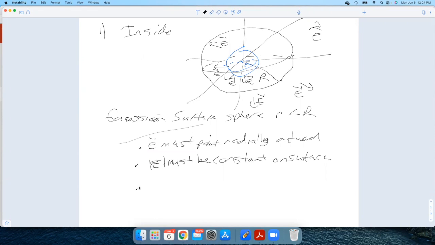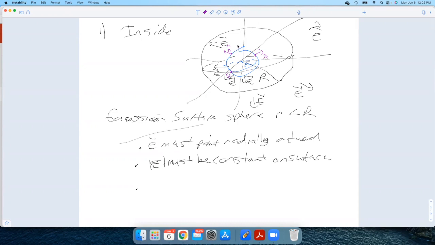Okay, what about the normal vectors to my surface? Maybe we'll draw those in purple. So here's a normal vector. Remember, normal vectors on closed surfaces always point out toward the infinite part. You'll never have normal vectors pointing in. They always point out toward the infinite volume, not the finite volume.